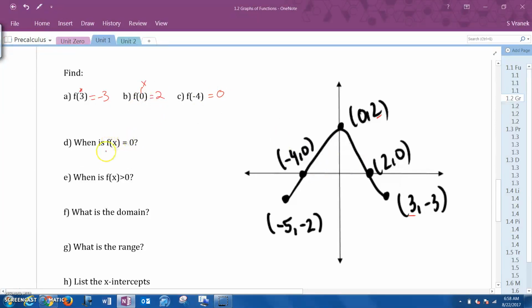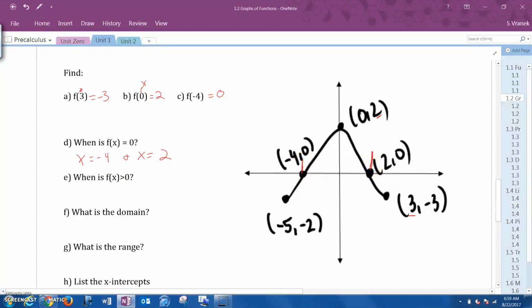Now this is the opposite. This is saying when is the y equal to 0? Alright, well, there's two spots where the y is equal to 0 if you look at the points. It's when x is equal to -4 and when x is equal to 2. When is y, remember the function, greater than 0? So they're basically asking you when are the y values bigger than 0? So wouldn't you guys agree it's between these two x values?